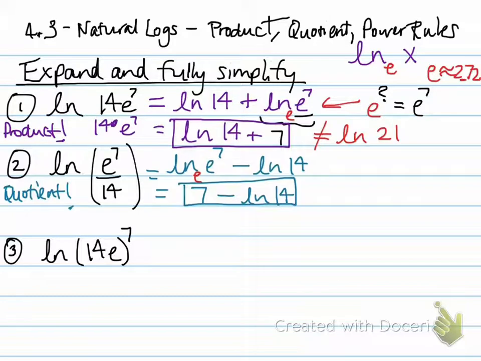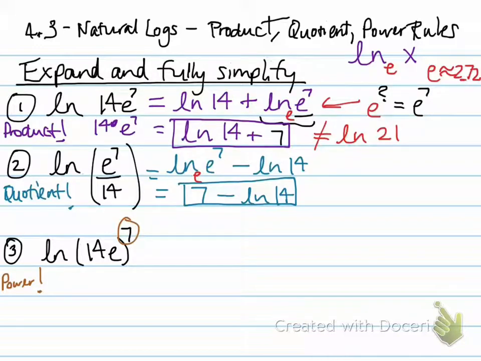All right. Then we get to number 3, and you can see that we're taking the natural log of 14e, and then that whole term is in parentheses and raised to a new exponent of 7. So for this one, because we have this power of 7, we're going to use the power rule. Okay?